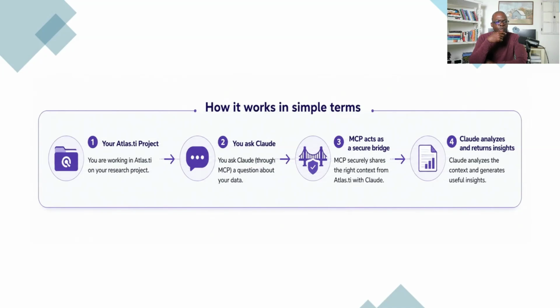Not only faster, it also helps you use AI as a collaborator. You can still analyze your data using ATLAS.ti, but you can also get ideas and support from AI so that you'll be able to adequately make sense of your data and get the findings that will help you address your research question.